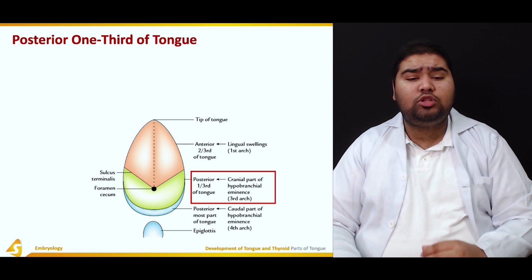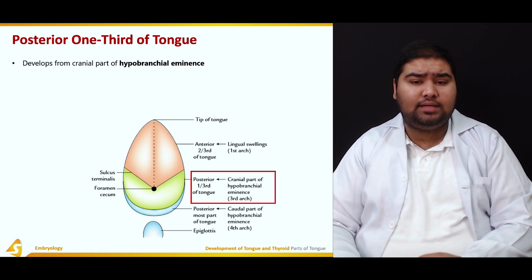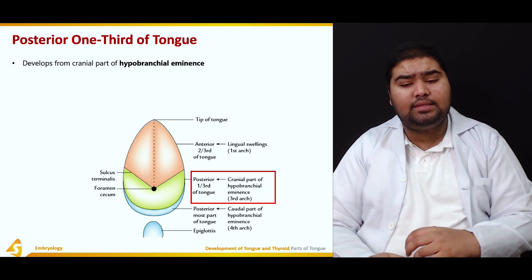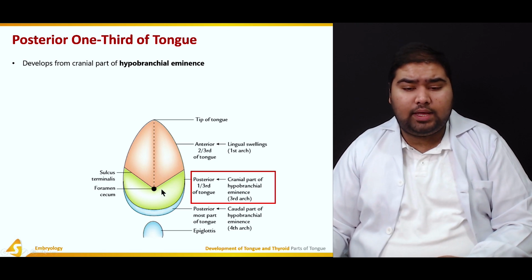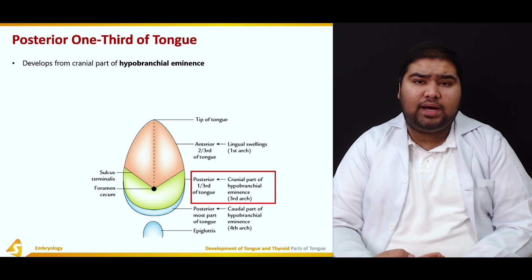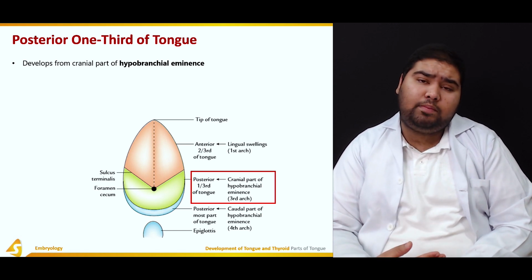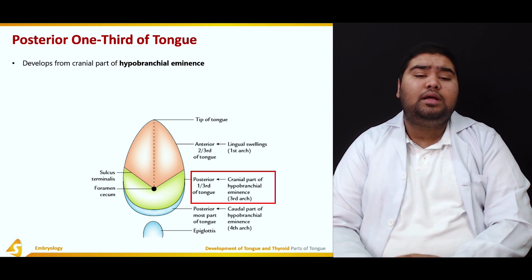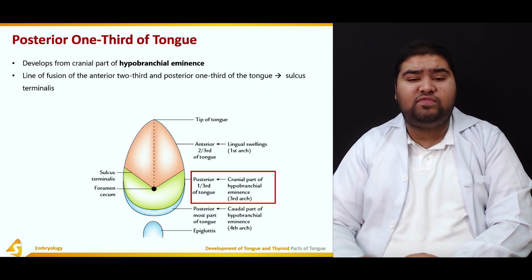Now moving on to the posterior 1/3 of the tongue, it develops from the cranial part of the hypobranchial eminence. The hypobranchial eminence is shown in the figure here. Now the hypobranchial eminence is divided into a cranial part, which was the larger part, and a caudal part, which was the smaller part. Now the cranial part of the hypobranchial eminence forms the posterior 1/3 of the tongue.